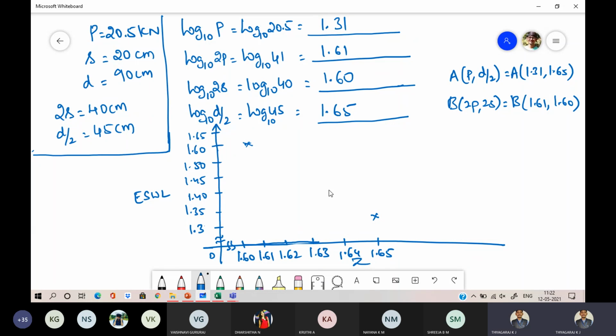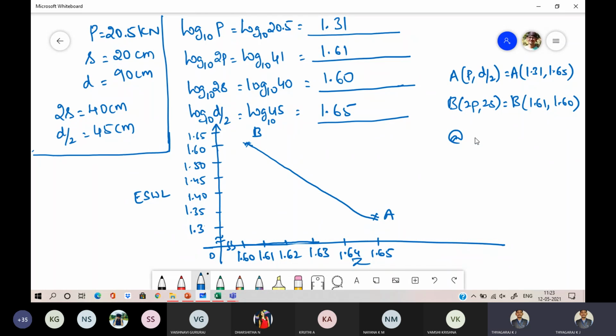Anybody plotted the graph? And this is point A. This is point B. So we'll get the straight line like this.